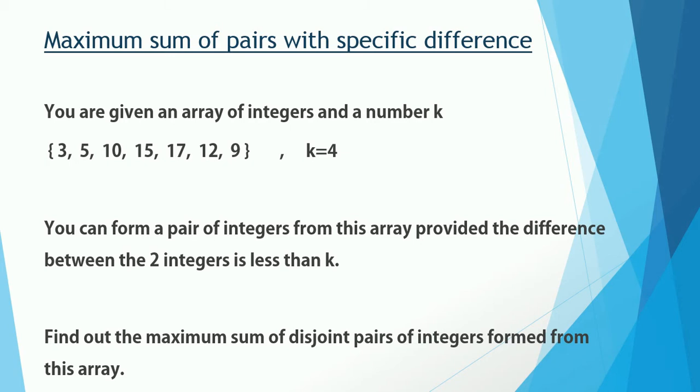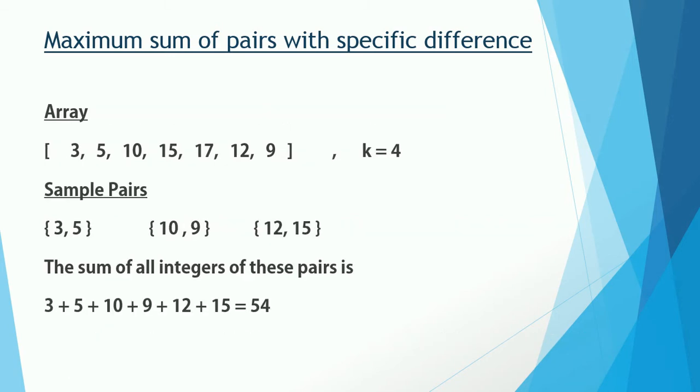with another integer. The array around which we will construct a dynamic programming algorithm consists of the integers 3, 5, 10, 15, 17, 12 and 9. And for this problem k is 4. That means we can only form a pair of two integers if the difference between them is less than 4.